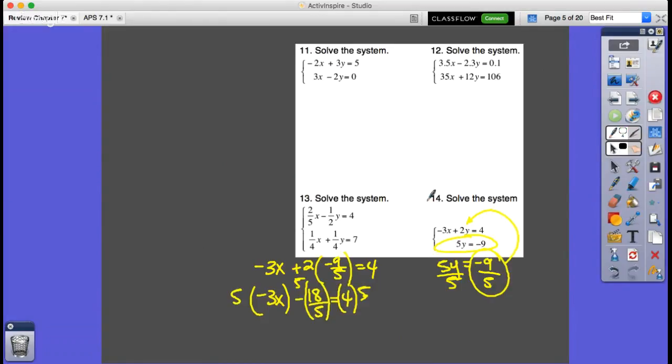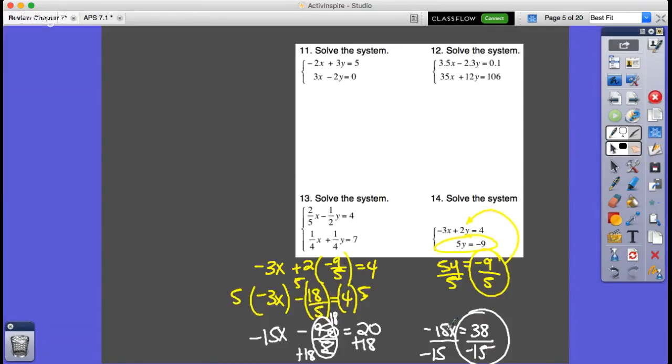So we get now negative 15x minus 90 over 5 equals 20. 90 divided by 5, this right here would be 18. So I'm going to add 18 to both sides here. So I get negative 15x is equal to 38, divided by negative 15, divided by negative 15. I got negative 38 over 15 is my answer that's there.